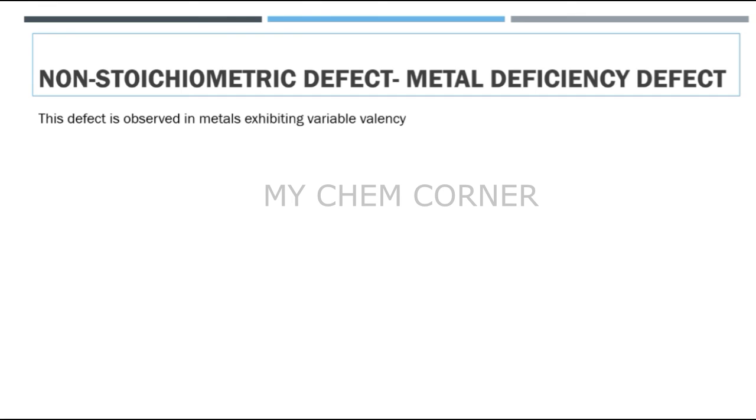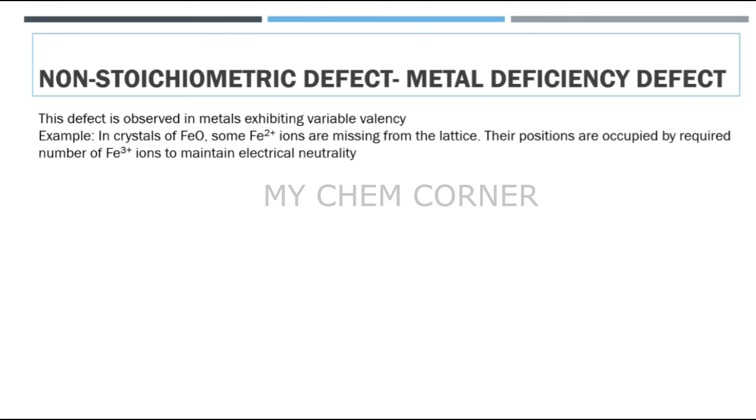Where you have your transition metals. So if you're looking at an example, take a crystal FeO, iron oxide. In iron oxide, some of the Fe2+ is missing from the lattice, and their positions are occupied by the required number of Fe3+ ions to maintain electrical neutrality.